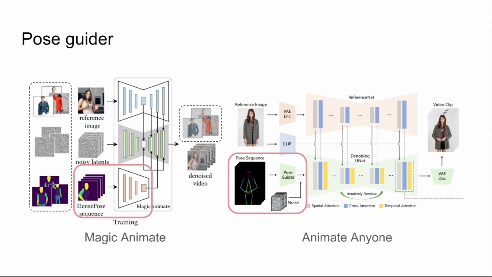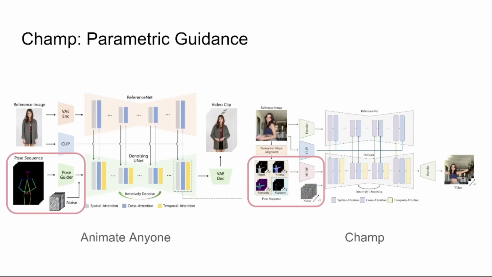Everything else in this network is almost the same as the original Stable Diffusion, AnimateDiff, and ControlNet. Let's think further along this direction.